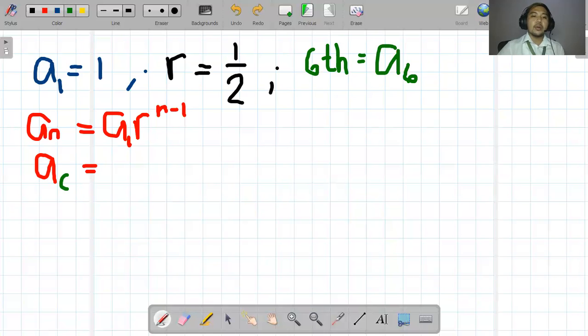And then our a sub 1, first term, since gihatag na lang dito, all you need to do is substitute. So, our first term is 1. And then, again, place inside the parentheses, r, meaning our common ratio. The common ratio is 1/2.